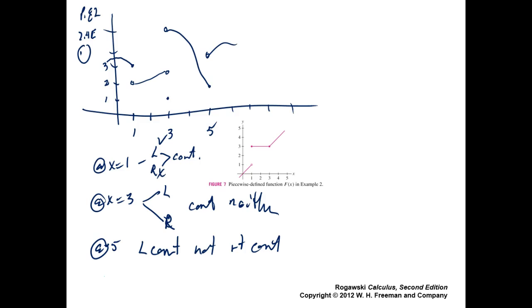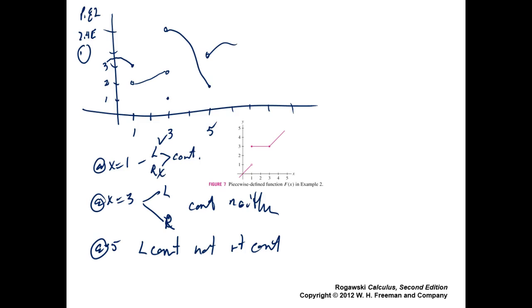If these two had the same value, but both open circles, they wouldn't be left continuous or right continuous. But if you redefine f at 3 to be whatever that point was in common, then it would be a removable discontinuity. This is a jump discontinuity. This is a jump discontinuity. That's a jump discontinuity. No way you can remove any of those.